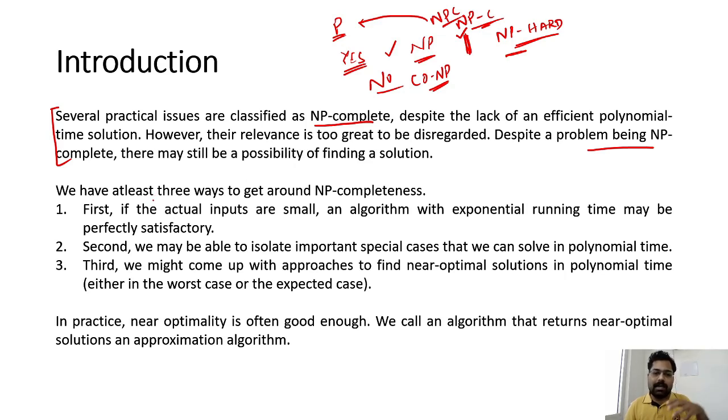Okay, so how exactly do we avoid that NP-complete? There are three steps I have collected from the book. The first: if the input size is large, definitely the complexity will be more, that we know.